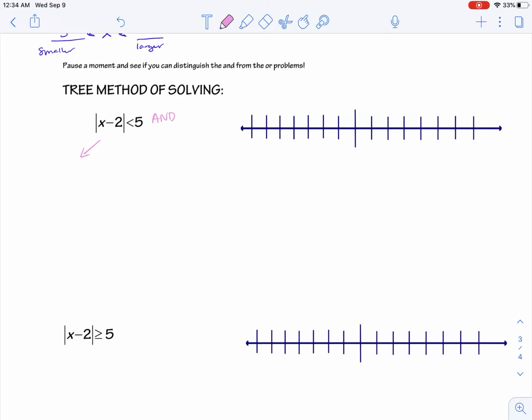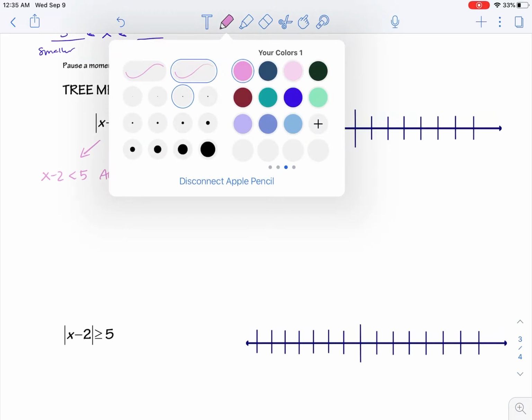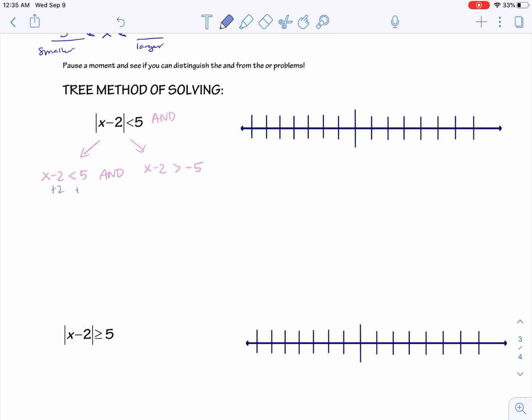So we're going to solve for x minus 2 is less than 5. And we also need to solve for x minus 2 is greater than negative 5. We have to solve for the opposite, so we have to flip the direction of the sign. So solve away. Let's use a different color to solve. We're going to add 2 to both sides.